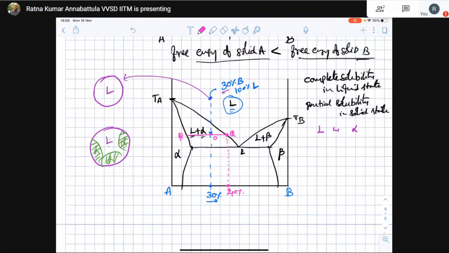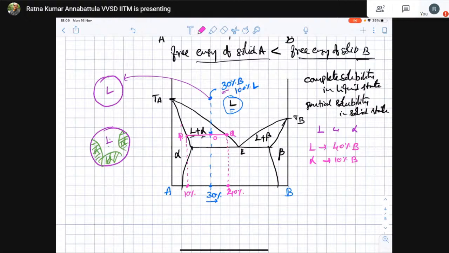That will be the composition of the remaining liquid in this region. Similarly, the tie line hits the solidus, this is the solidus line here, and that is about 10%, let us say. That will be the composition of alpha. So at this position, the liquid composition is 40% B, alpha is 10% B.